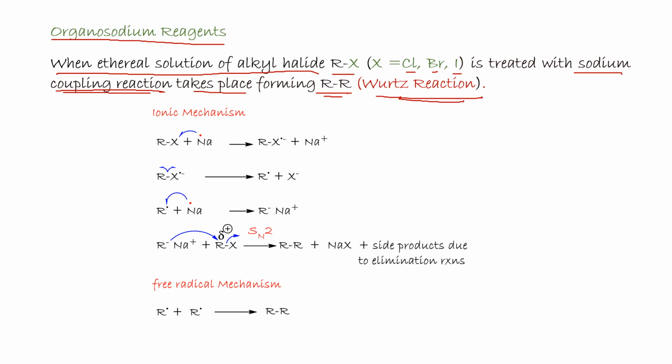There are two possible mechanisms, the ionic mechanism and the free radical mechanism. In the ionic mechanism, the sodium donates the odd electron of the outer shell to X, forming a radical anion and sodium cation.